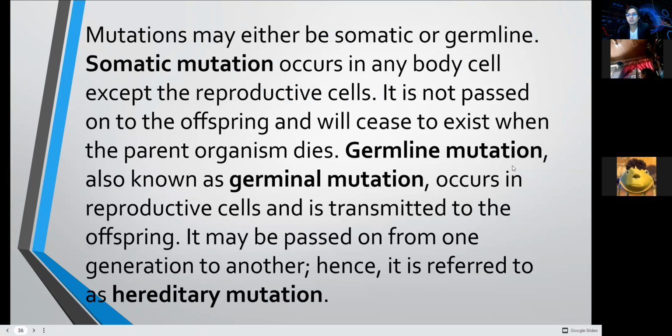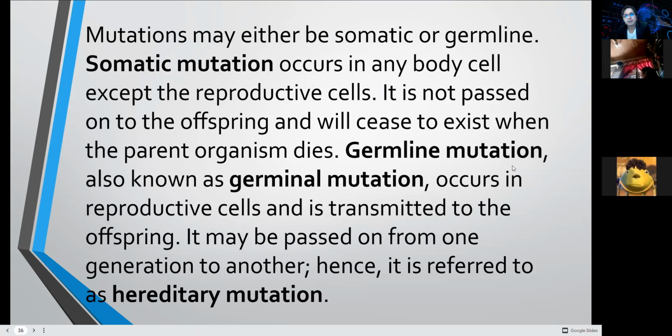Mutations may either be somatic or germline. Somatic means it is diploid. A somatic mutation occurs in any body cell except the reproductive cells, because reproductive cells are called germline.